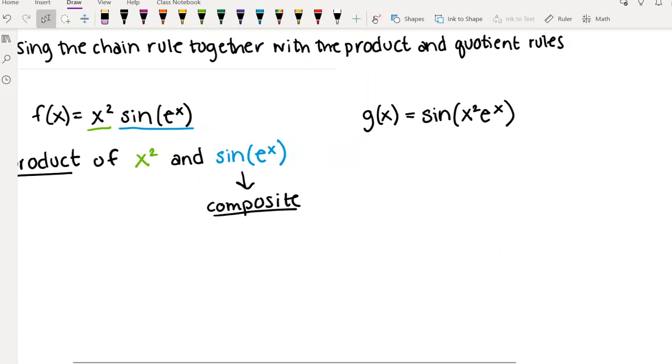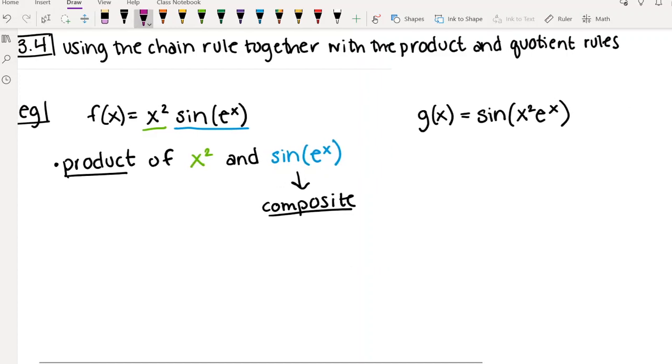On the other hand, maybe a good way to decide what you are looking at in terms of the function is to literally read it out loud. So going back to this example for a second, if you read this function out loud, you would say f of x is equal to x squared times sine of e to the x.